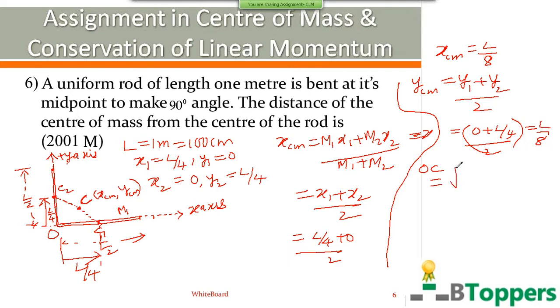So the distance of the center of mass from origin O is under root of x cm square plus y cm square. Substitute x cm equal to L by 8 and y cm also equal to L by 8.